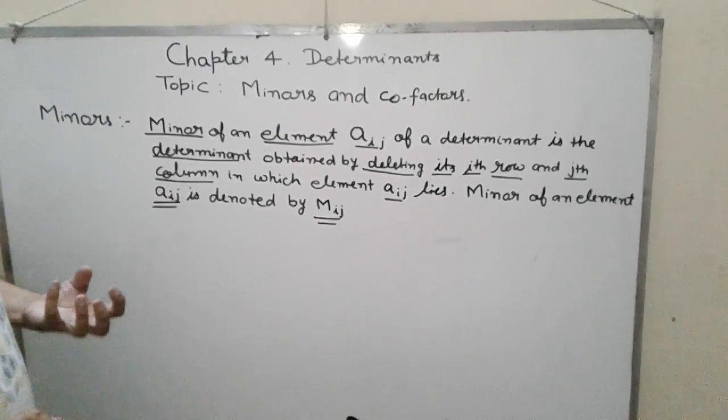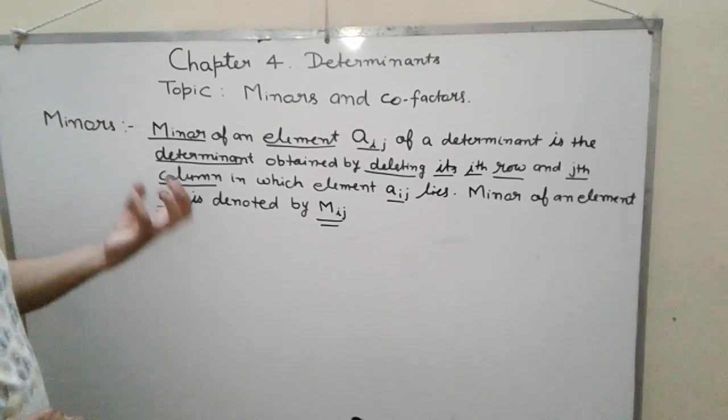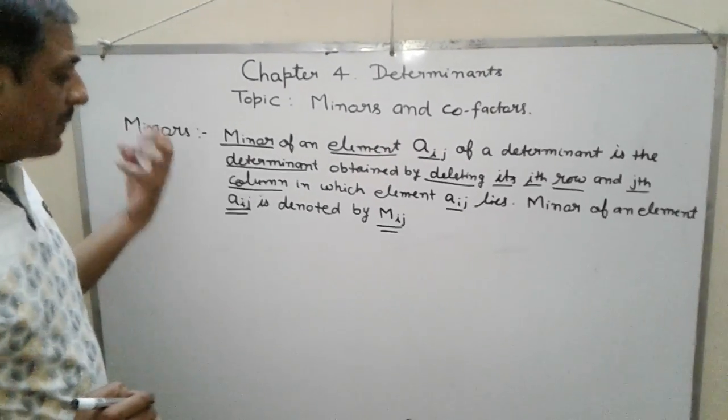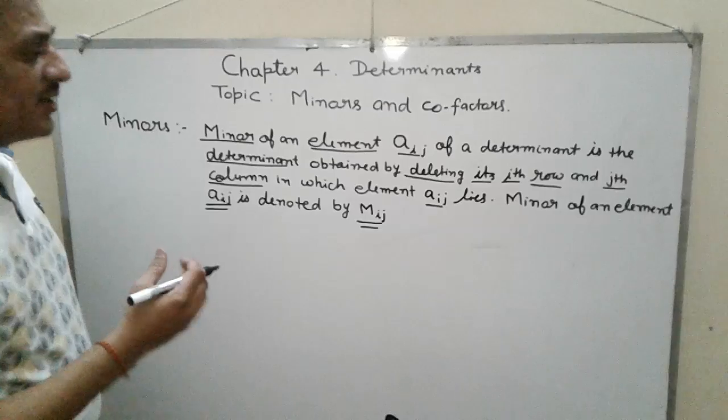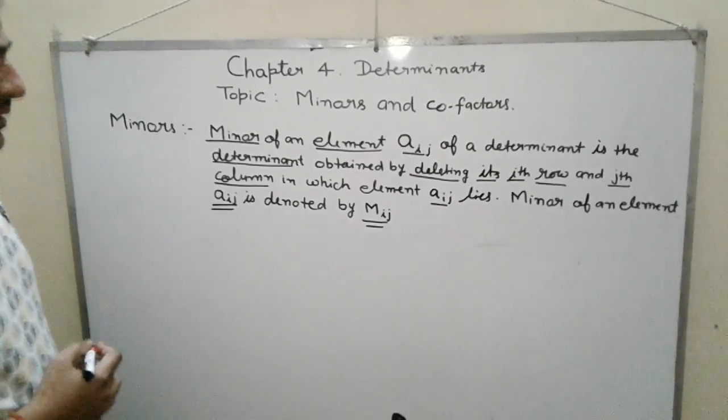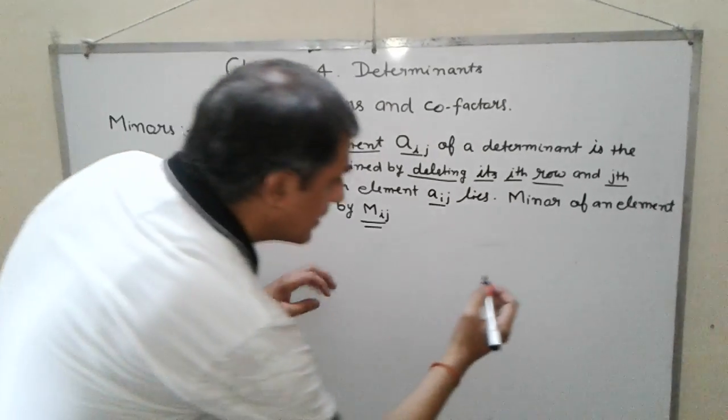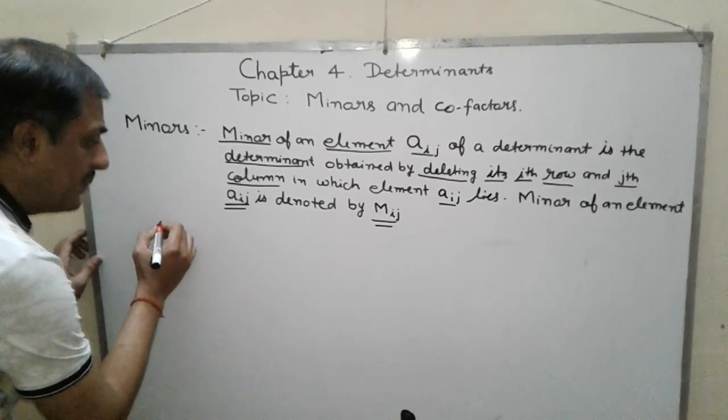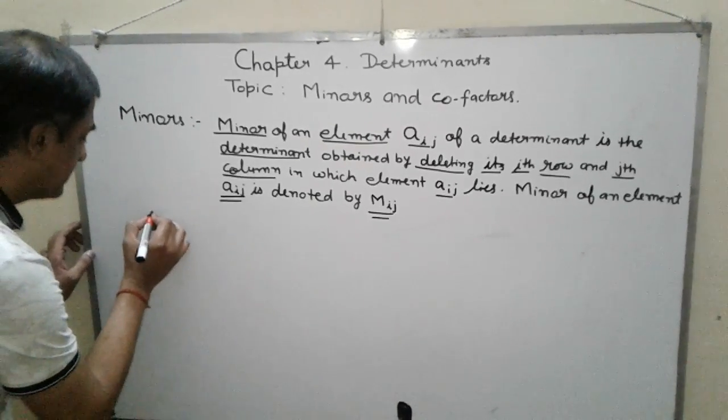So how should we find the minors of an element of a given determinant? Now I am taking an example.